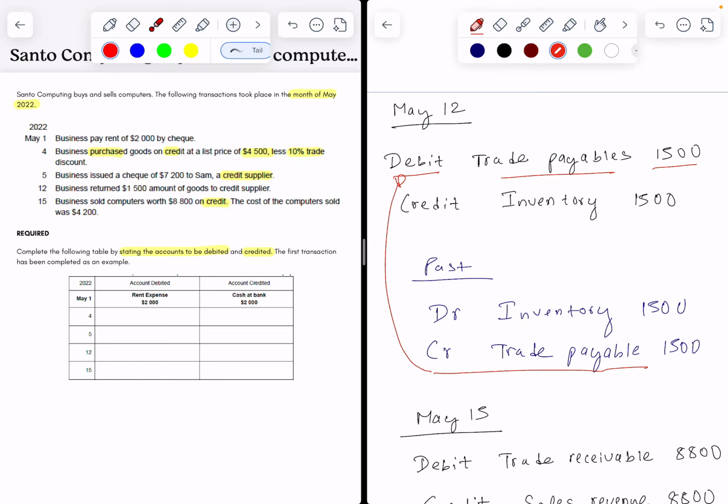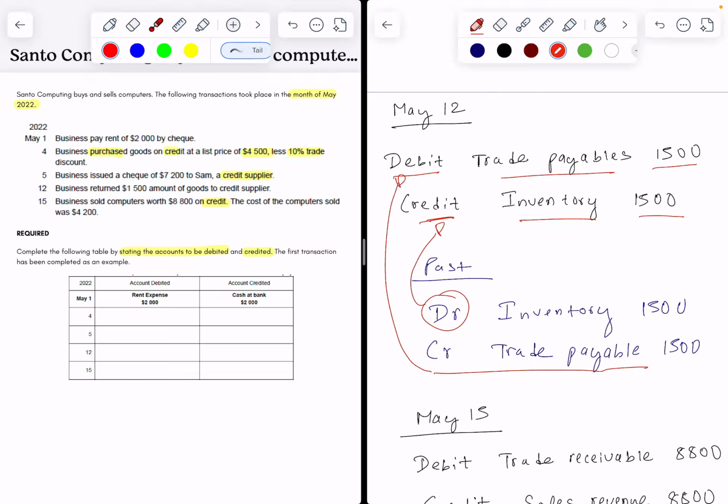And simultaneously, our assets will decrease because we would have returned our inventories to our supplier. So when assets decrease, we would credit it. So we credit the inventory account by $1,500, all right? So you got the different dates and how we enter the transactions in our books based on the events that have been taking place, all right?